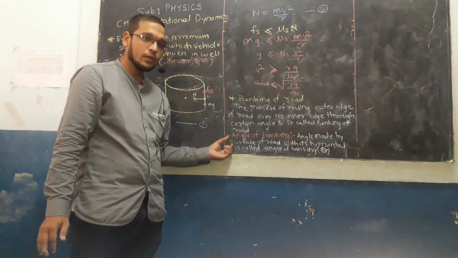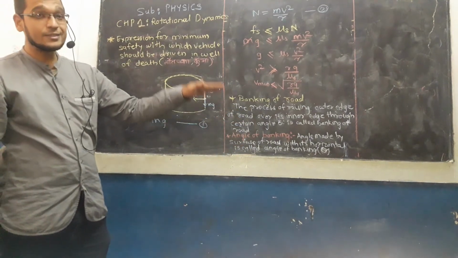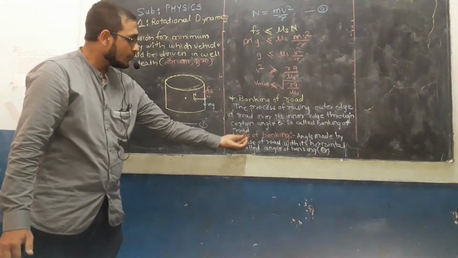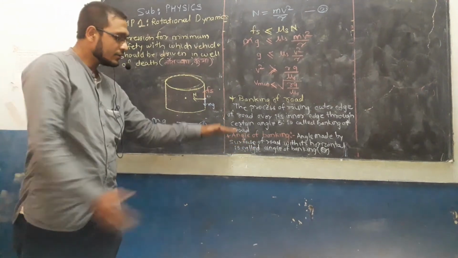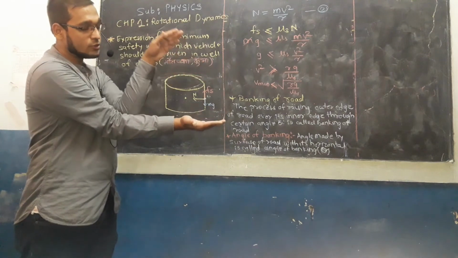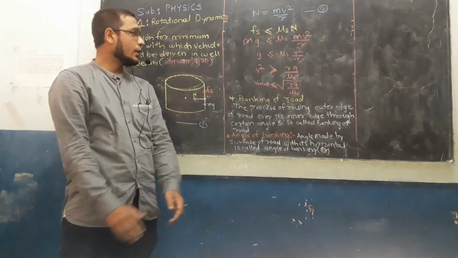And what is angle of banking? The angle through which the road is raised, that is, the angle made by the surface of the road with the horizontal surface, is called the angle of banking.